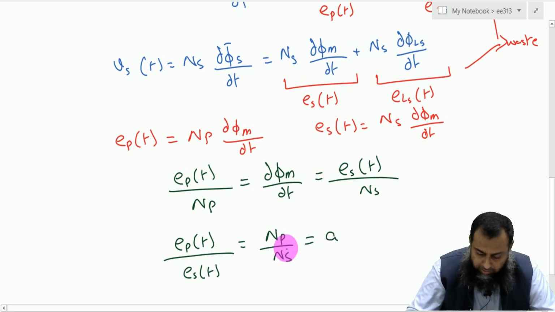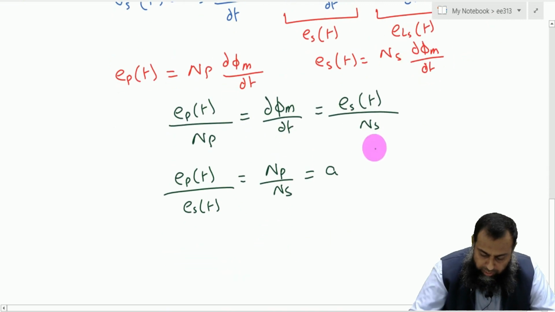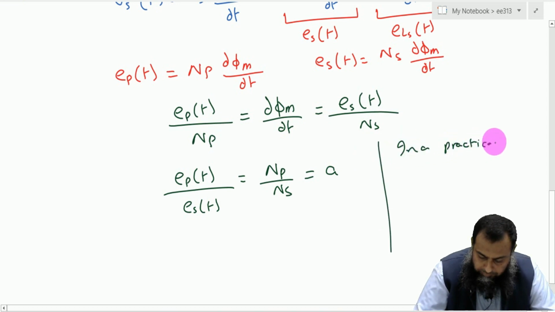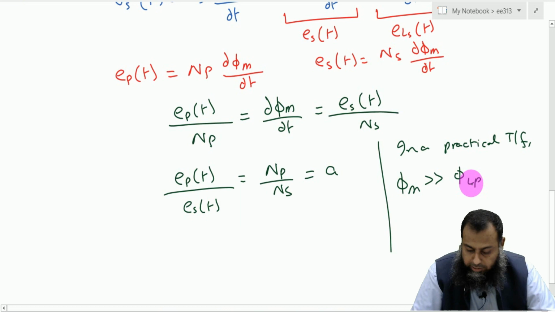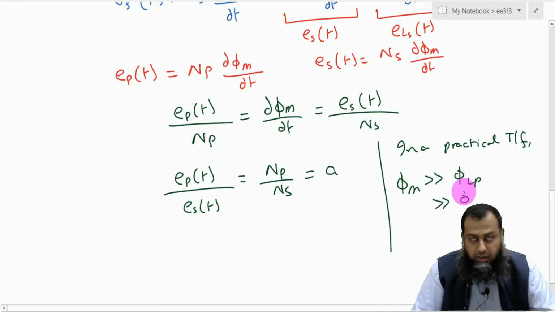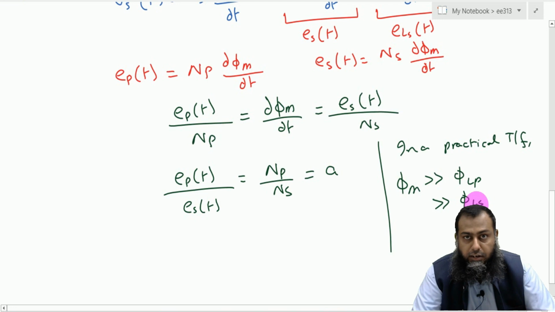Now in a practical transformer, we ensure that this φm is greater than the leakage flux on the primary side. What we mean here is that we want to have this mutual flux as large as possible compared to the leakage flux in a transformer.